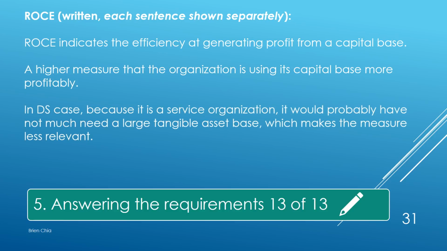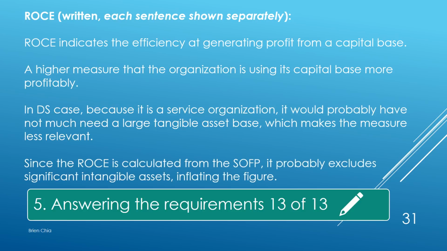Second, a higher measure means that the organization is using its capital base more efficiently. Just different ways of saying the same thing. And in this case, because DS is a service organization, it does not need a large tangible asset base. And finally, because you are using the SOFP, it excludes significant intangible assets which might fail to be in the SOFP because they don't satisfy financial reporting criteria.